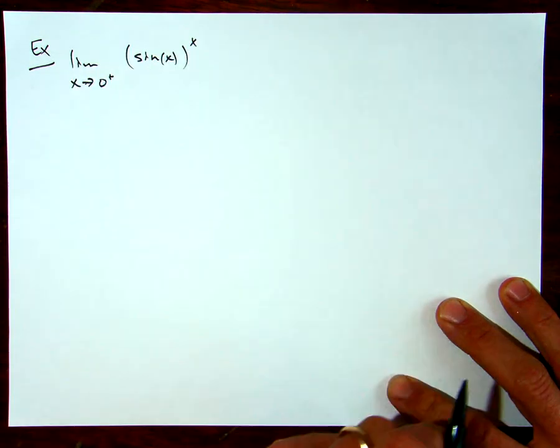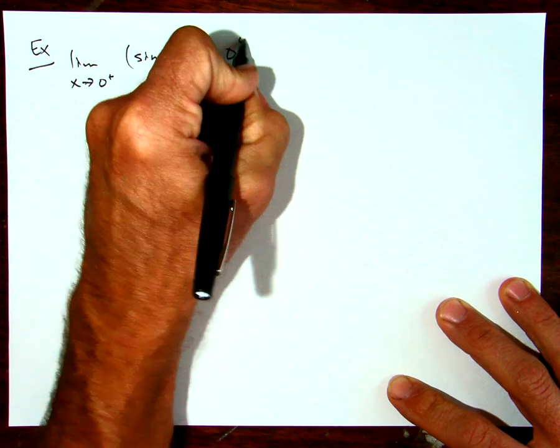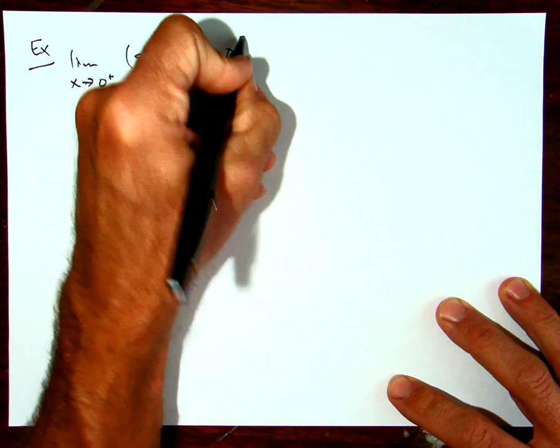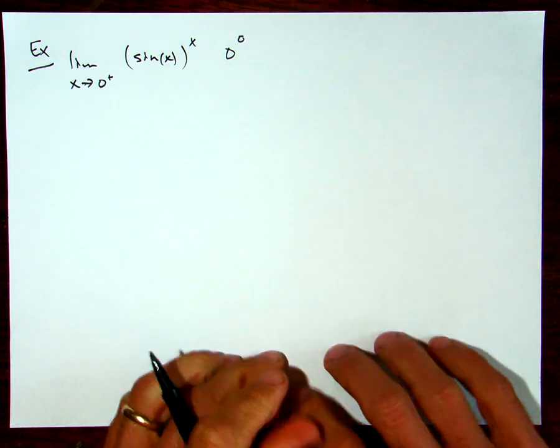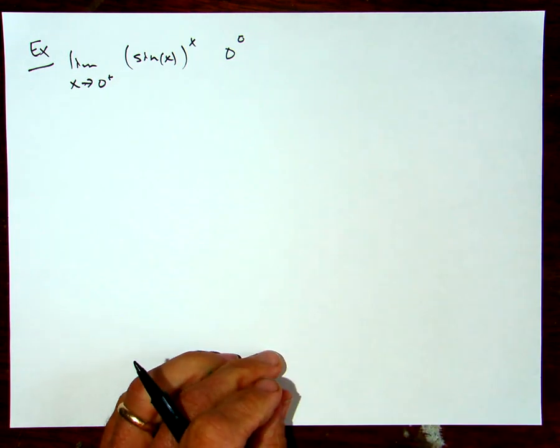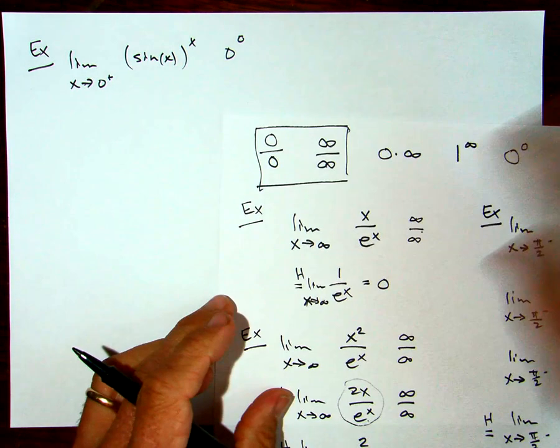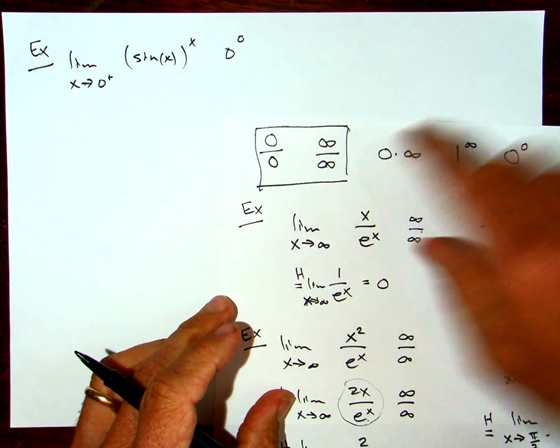All right, so this gives us a 0 to the 0 form. So what we need to do is think about how we can rewrite this so that we can come back to one of these two forms, the 0 over 0 or the infinity over infinity.